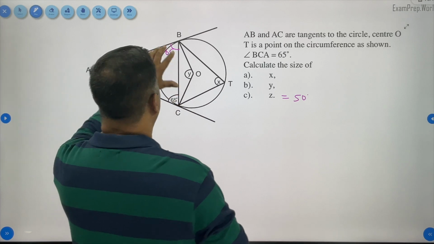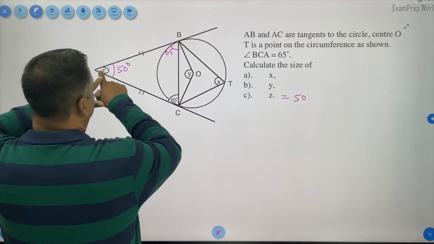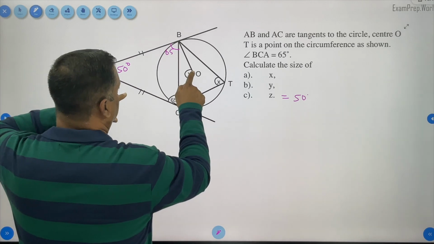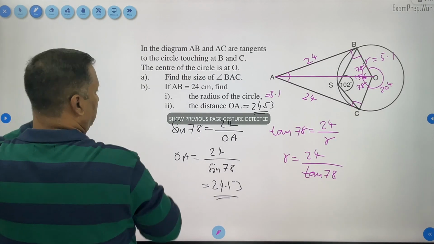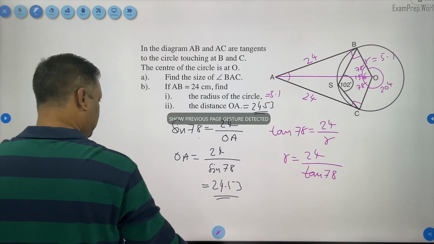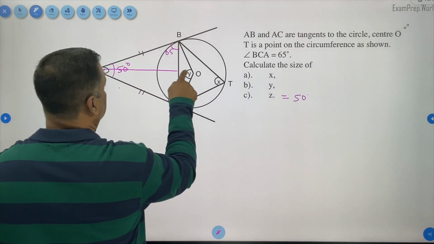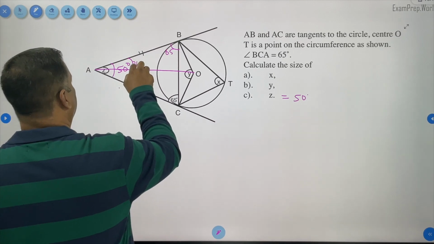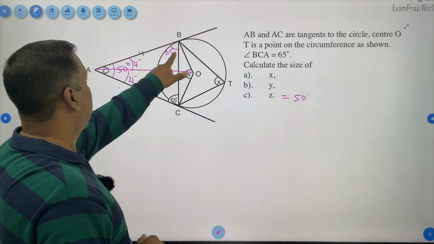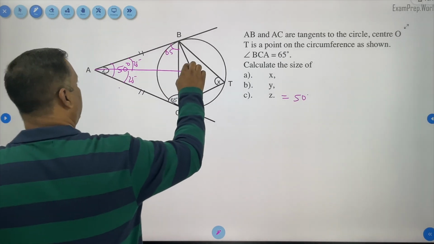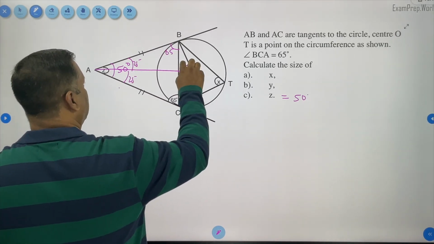Now this is 50. What I told you about this one, if you divide it into two parts like this, this is 25, this is also 25. Now 25, 65.